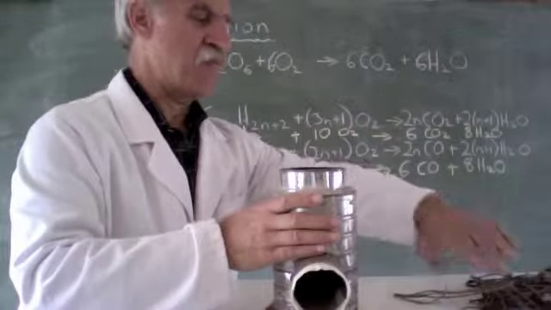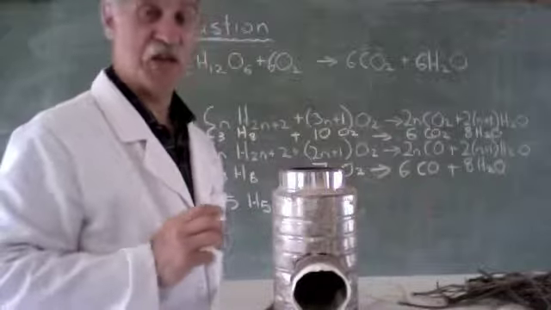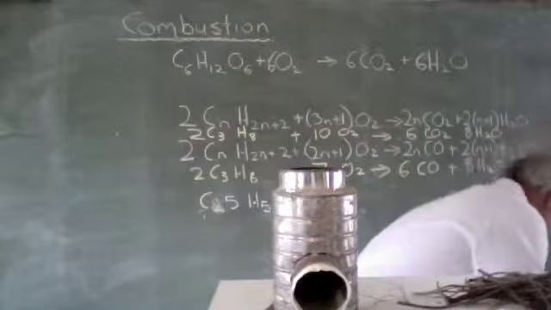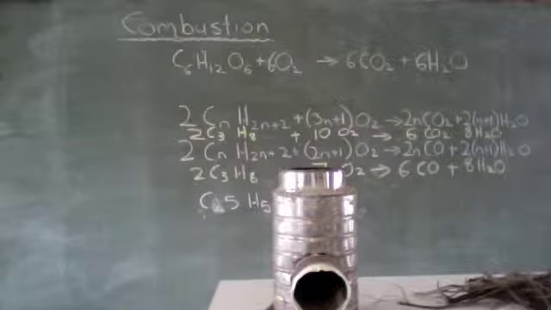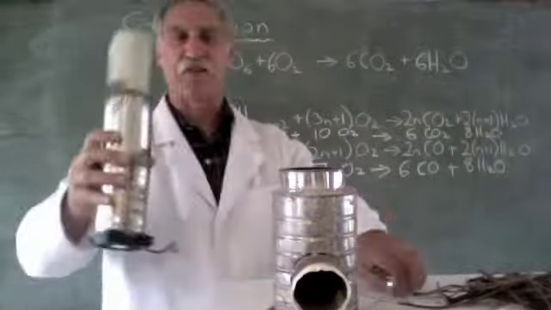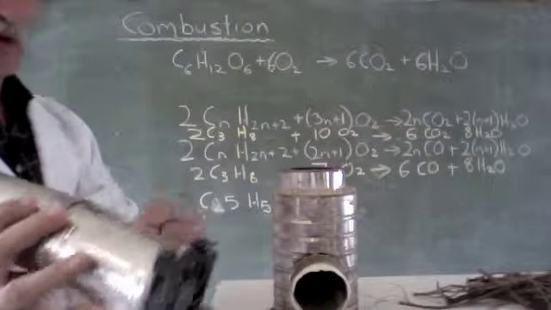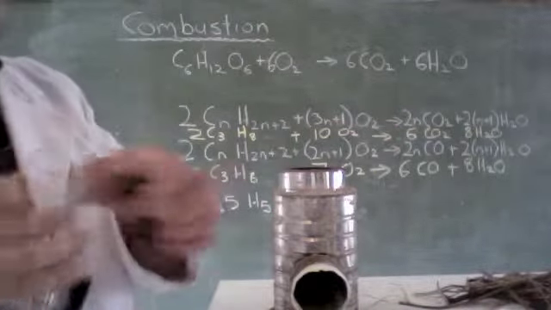Now, a Mark II version, an even better version of a rocket stove, would be something like this. Now, what have we got here? Can you see there's a little computer fan?